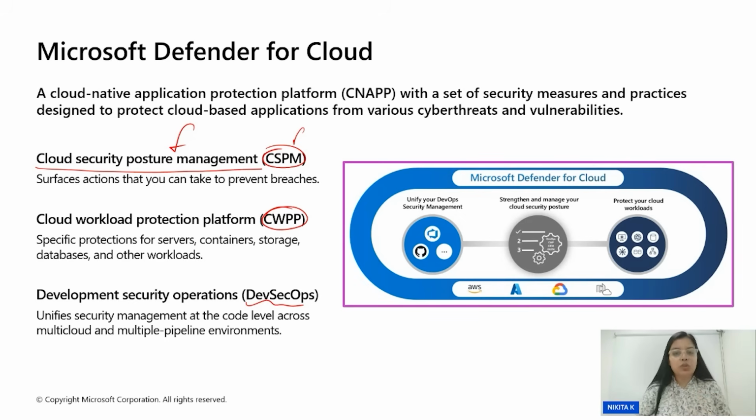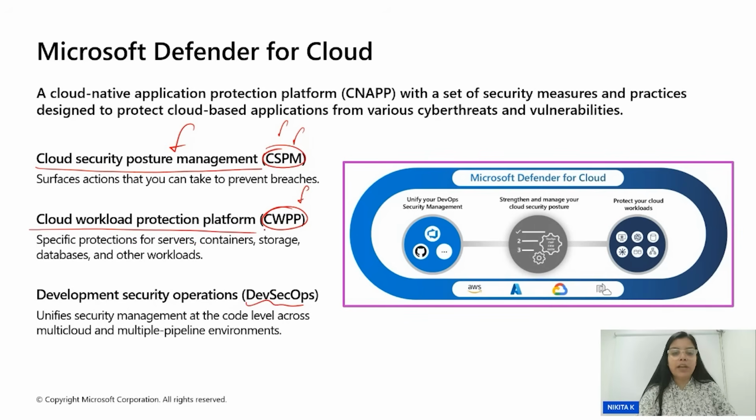Let's say I have deployed a virtual machine. How can I protect that virtual machine? I need to go with NSGs, I need to create firewalls. If it comes to storage accounts, I need to create key vaults. So it will give you recommendations on how I can improve the posture management and the security of those connected resources.